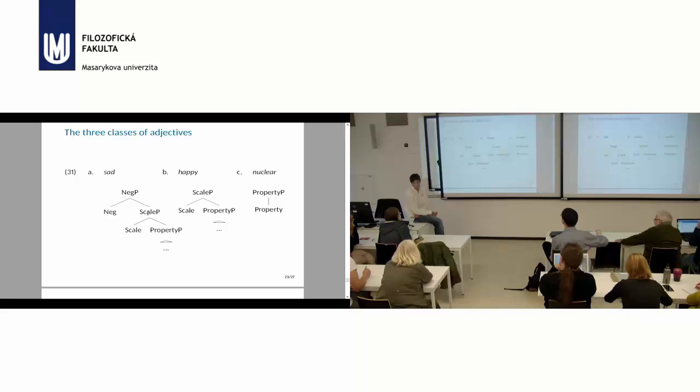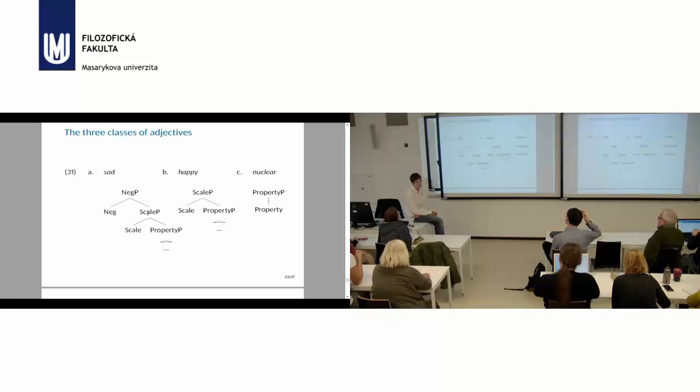I think that adjectives, rather than denoting properties, really denote states. And I think that lots of things change when you put a state there, because property is really a logical notion. It just means I apply it to an individual and I give you a truth value.